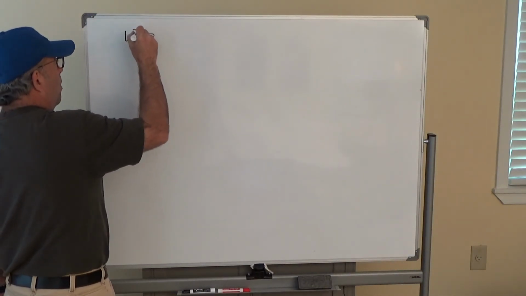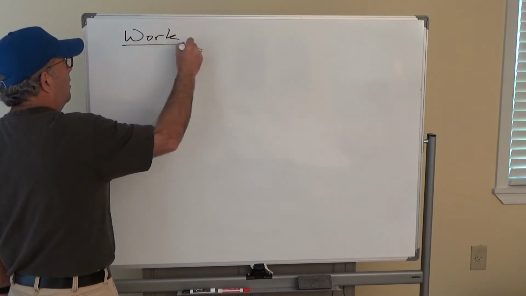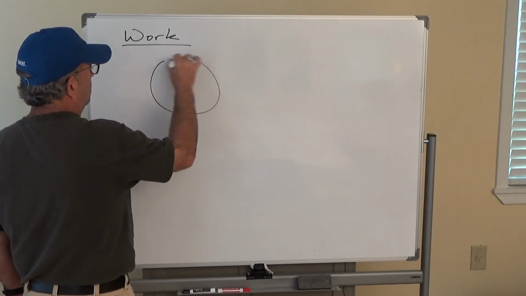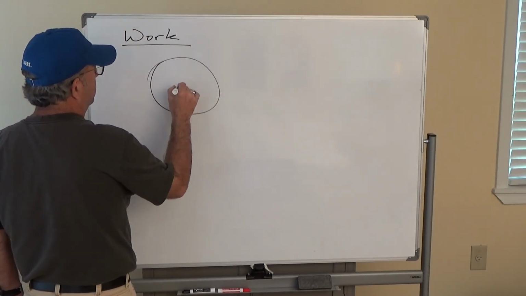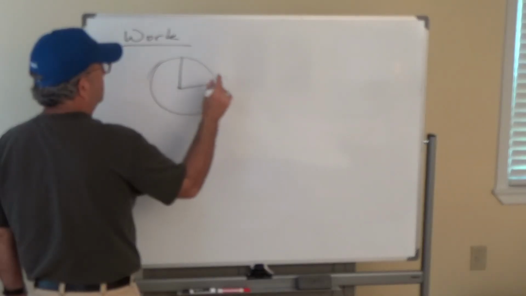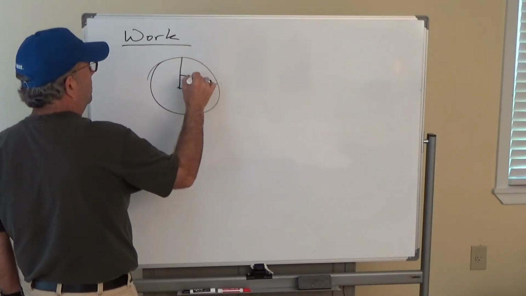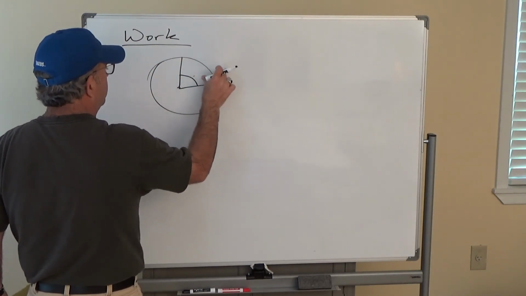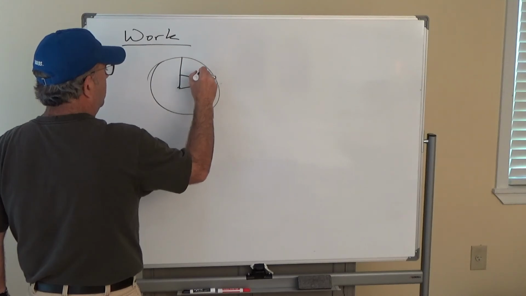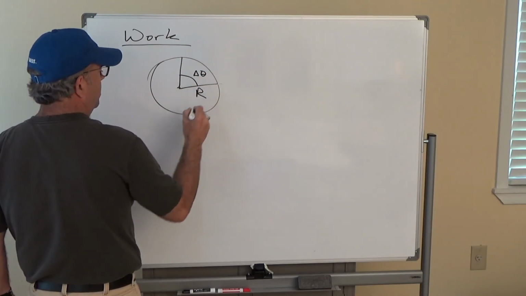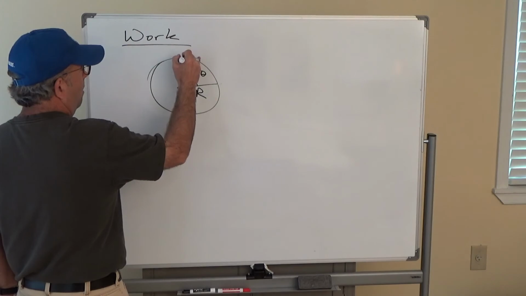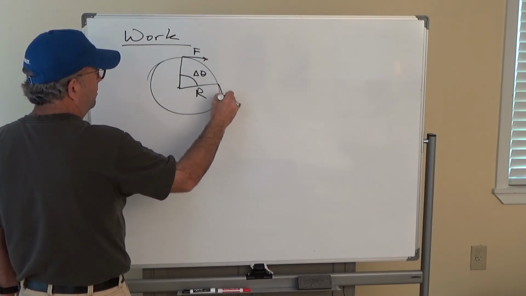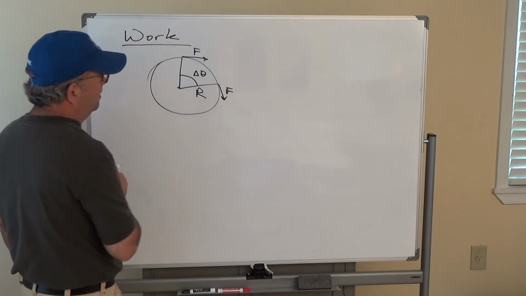So let's talk about work for rotations. Here is the idea. This is delta theta, here's some radius r, and let's say there is a force acting on the object like this.